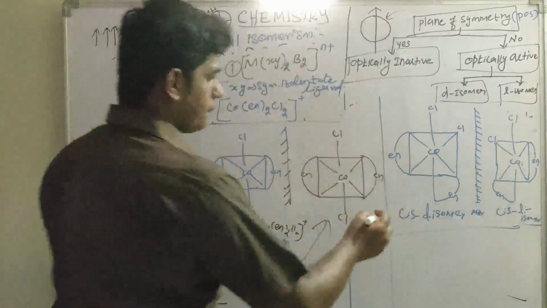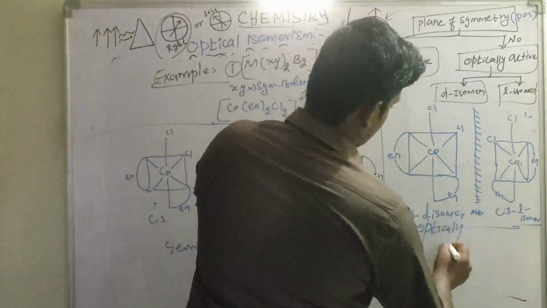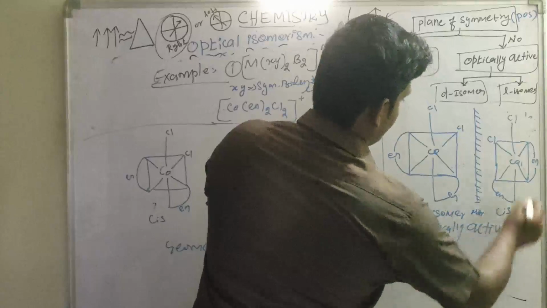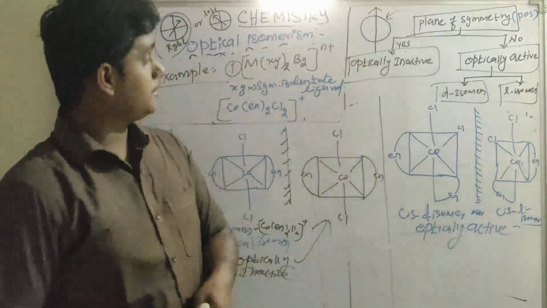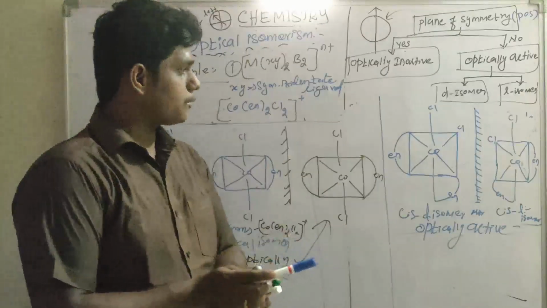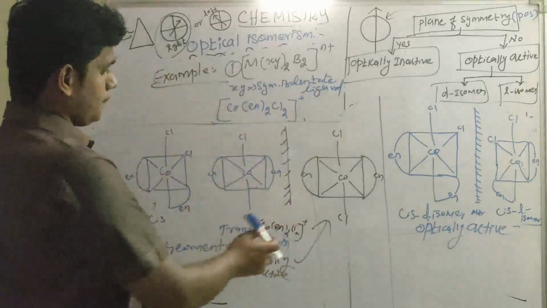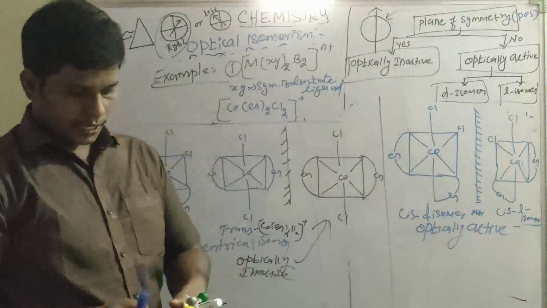So it is optically active. It is called optically active, D and L. In total there are 3 isomers: one is optically inactive, and the other two are optically active.